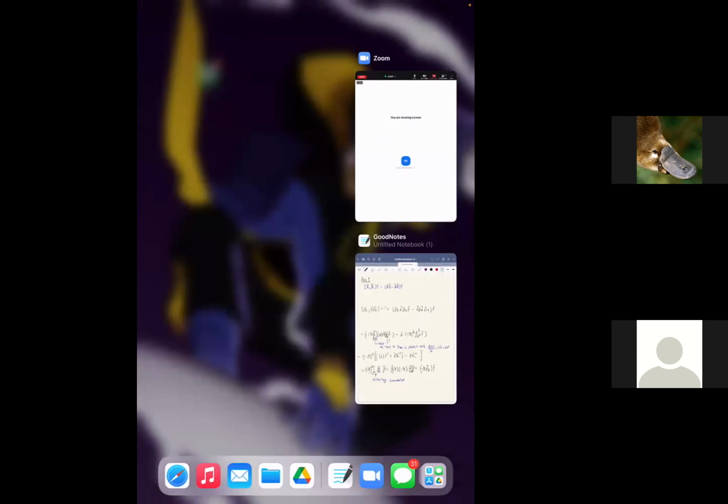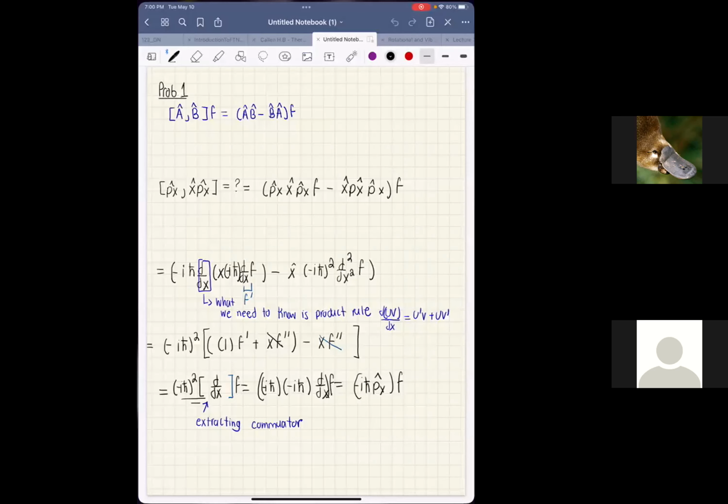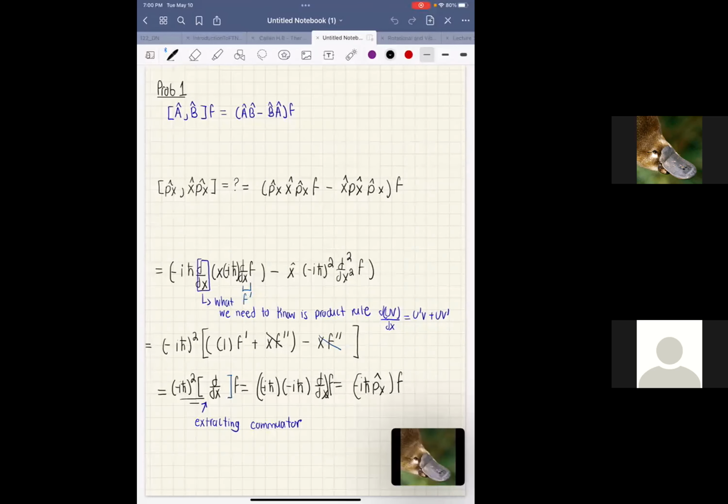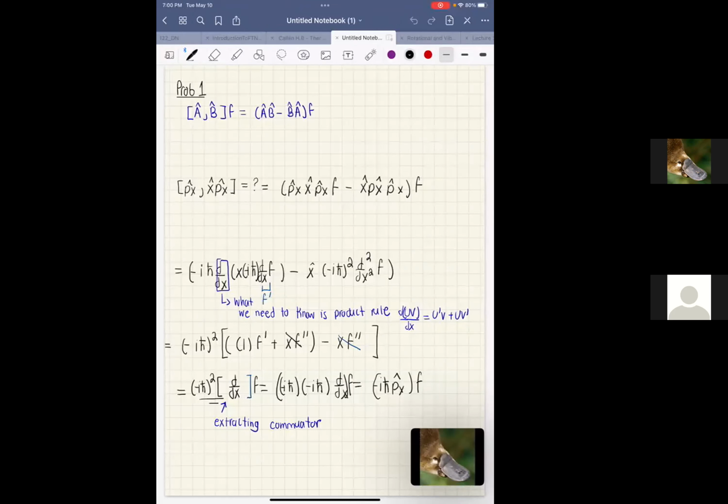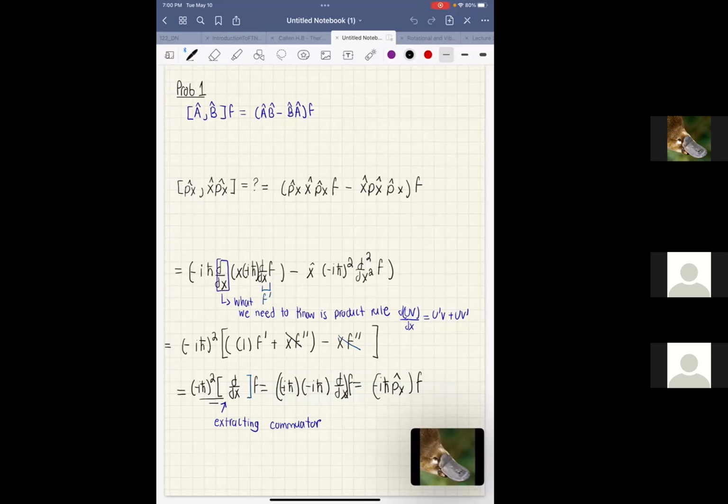Okay, so the first problem is on exam 1, sorry, the exam solutions. Exam 1, problem 1 asks: consider a particle moving in 1 dimension with position x and the linear momentum operator.